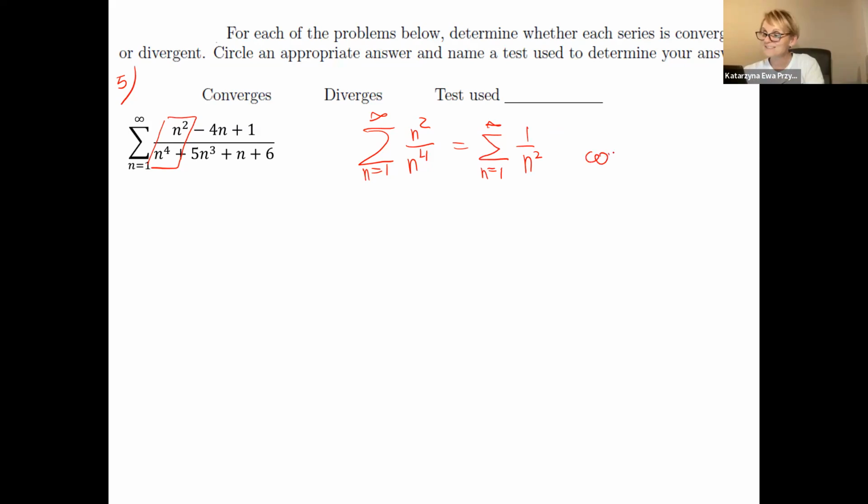It's convergent, okay, by P series test, P equals to 2. Yeah, it's greater than 1. That's the test. But now that's not our test. This is our tool to compare.